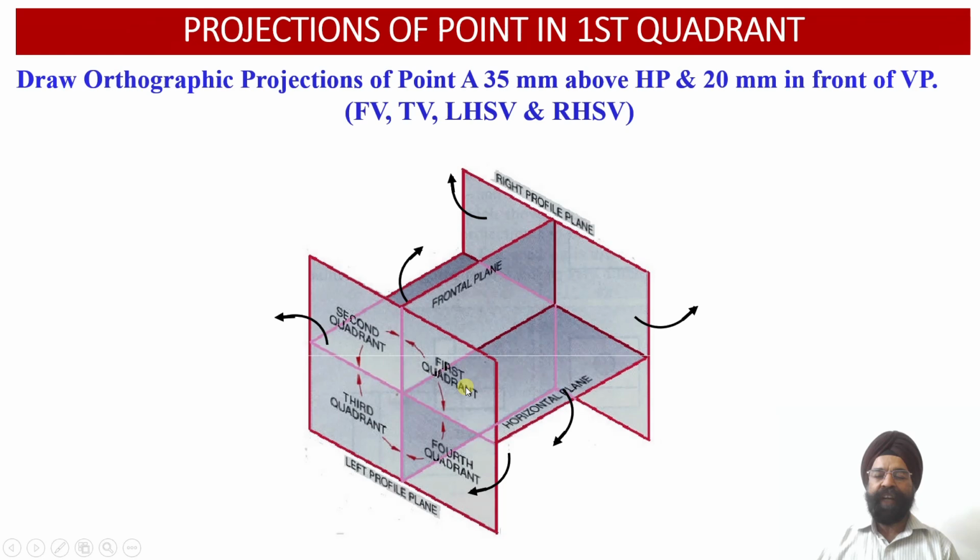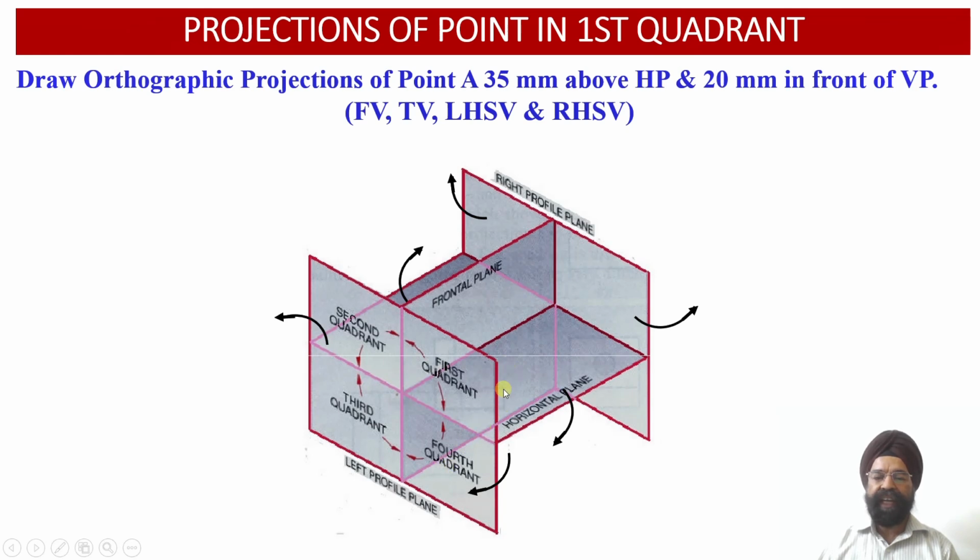So we have to carry out the rotation of this profile plane in front of the vertical plane, that is, this portion of the profile plane will be rotated in this orientation using this hinge over here.